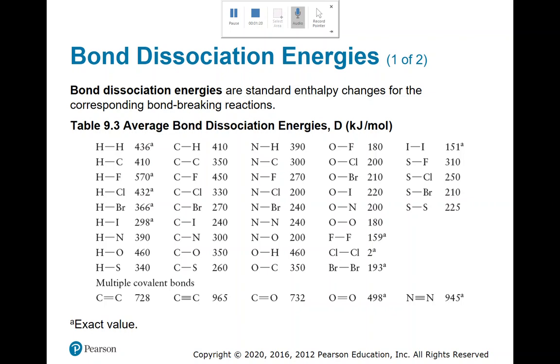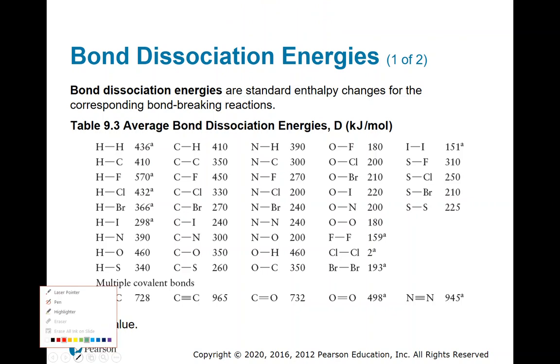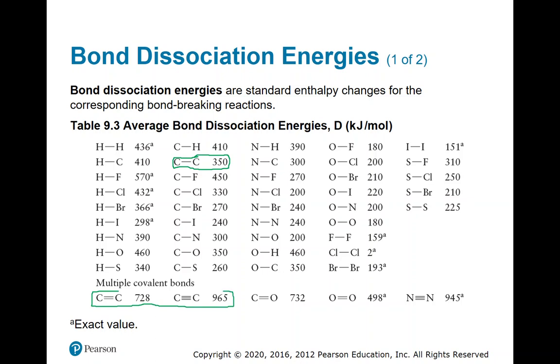So for instance, if we look at some carbon-carbon bonds in this table, which I will highlight, you can see a carbon-carbon single bond has a bond dissociation energy of 350 kilojoules per mole. And that's not really all that close to the bond dissociation energies of, say, a carbon-carbon double or a carbon-carbon triple bond.